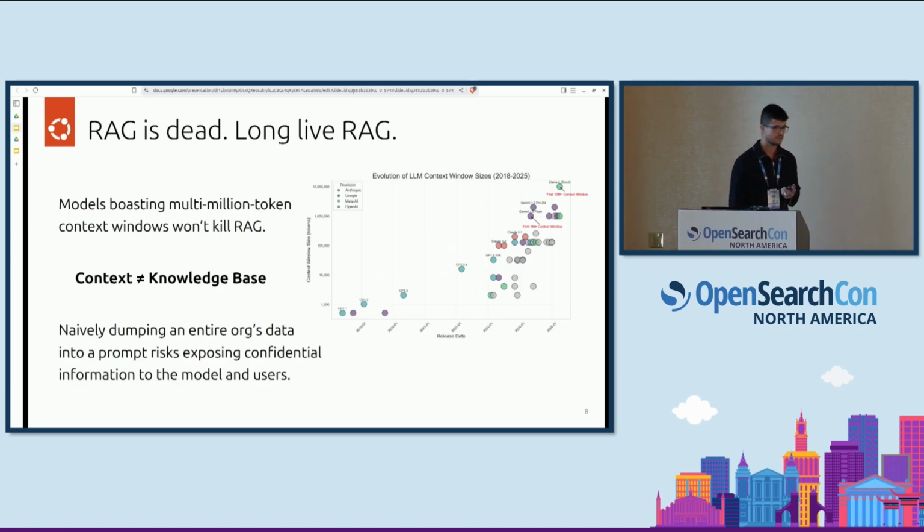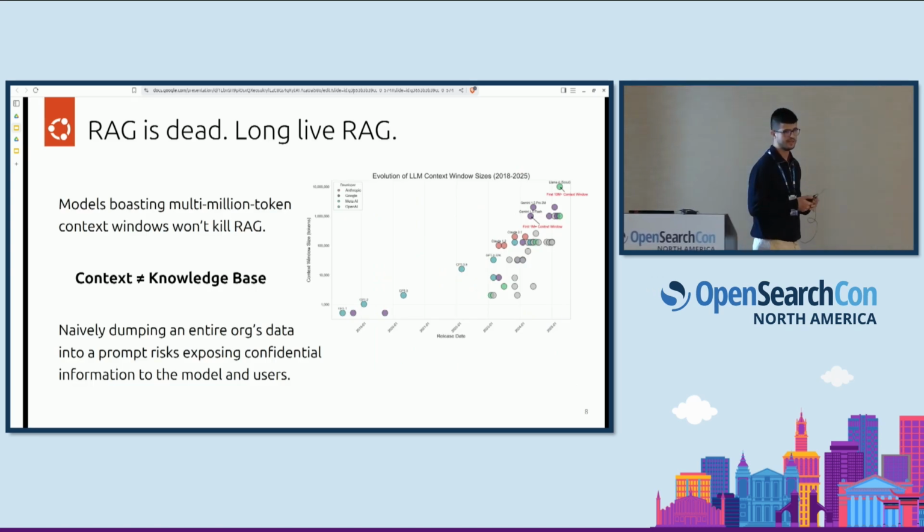Okay, so moving forward to the next part, let's say that on each step of the evolution of LLMs and how their context window grows, RAG has been declared dead many times.